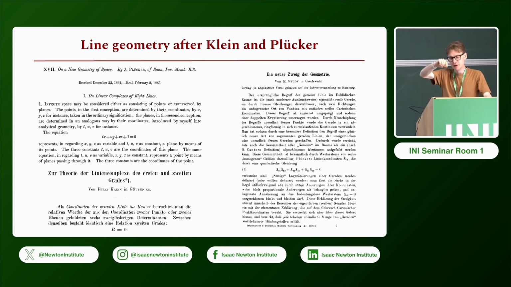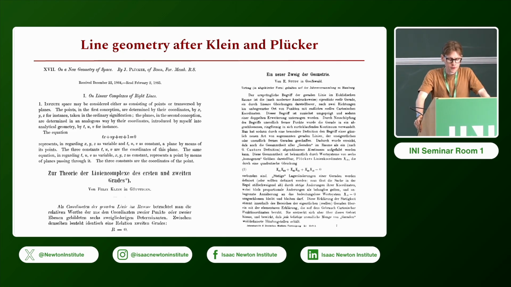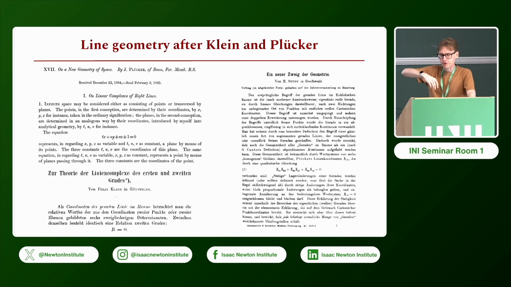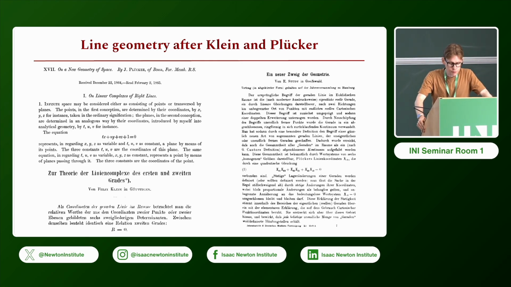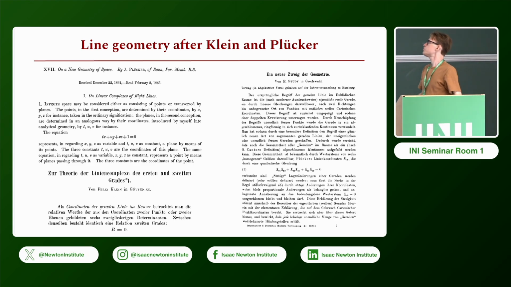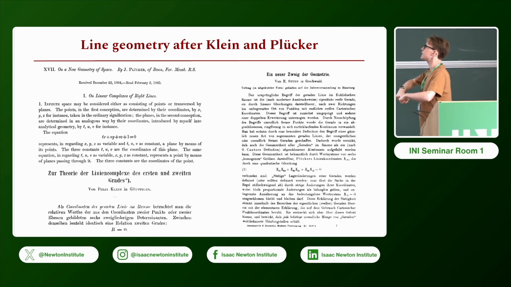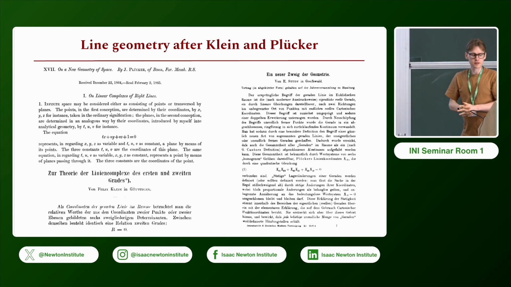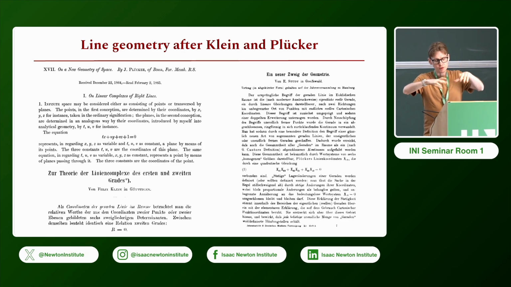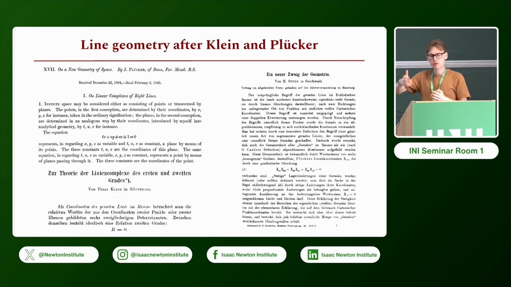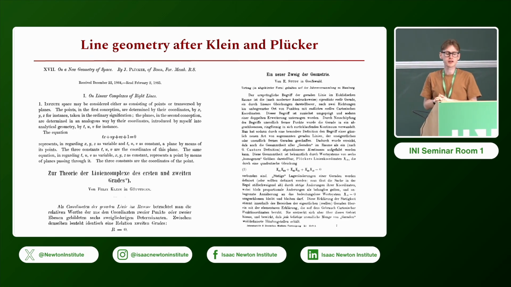A point in space is defined by three coordinates, but the lines in space have 4 degrees of freedom, so to speak. And Plücker had come up with a way of assigning coordinates to lines in space. And therefore, the algebraic treatment of those coordinates yields a way of looking at space not as constituted of points, but as constituted of straight lines.